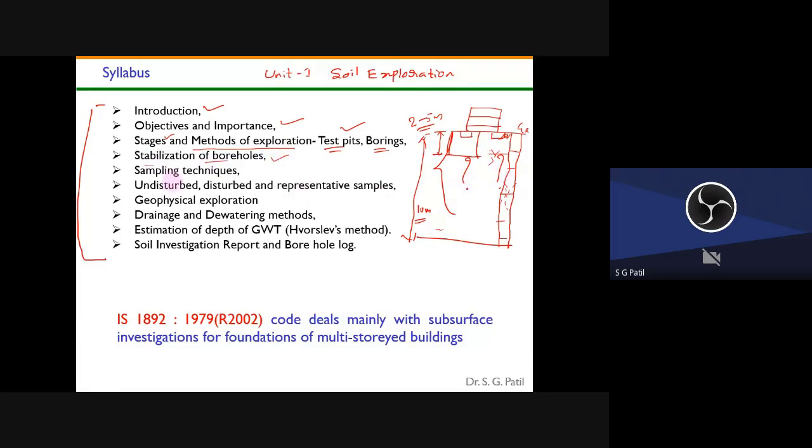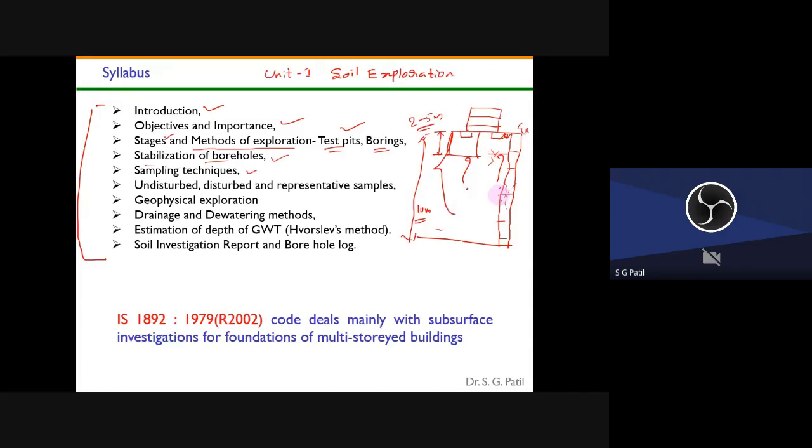Then sampling techniques. Sampling techniques means how we will collect the soil sample. You have to collect the soil sample so that you impart minimum disturbance to the soil, because you have to preserve its arrangement, the particulate nature of the soil.